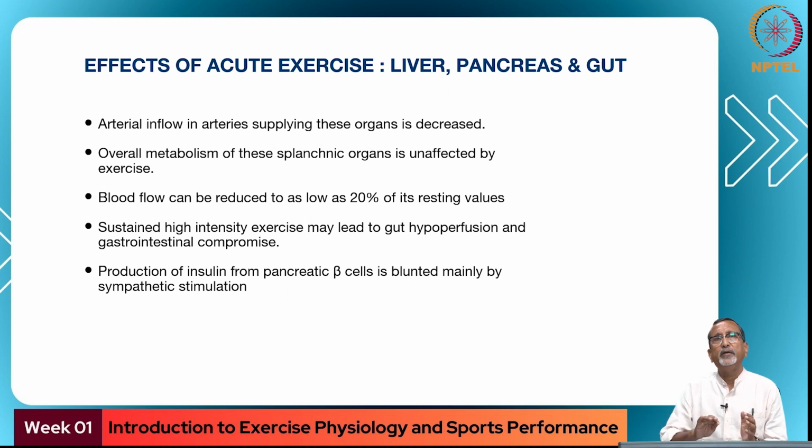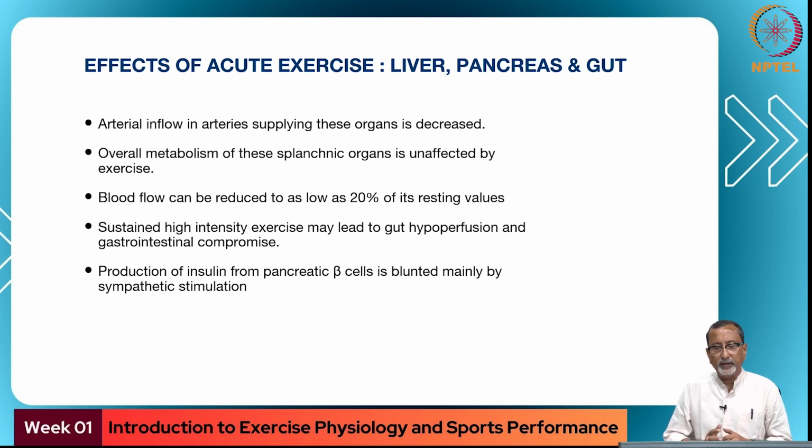So, blood would be diverted from non-vital organs to the vital organ. Here the vital organ is the muscle. So, the arterial inflow of arteries supplying these organs decreases. The overall metabolism of these splanchnic organs is unaffected by exercise, because they do not have much role to play during exercise. The blood flow can be reduced to as low as 20% of its resting value.